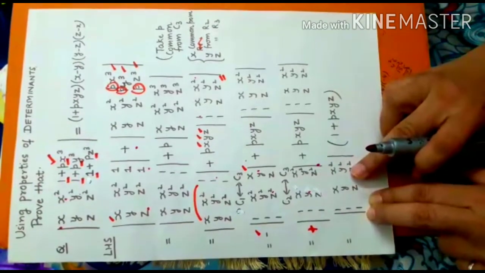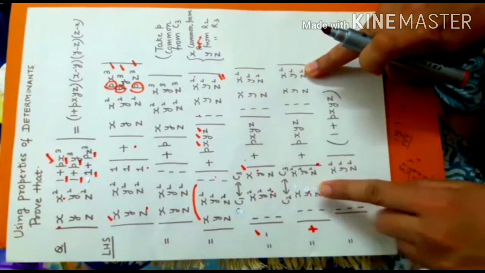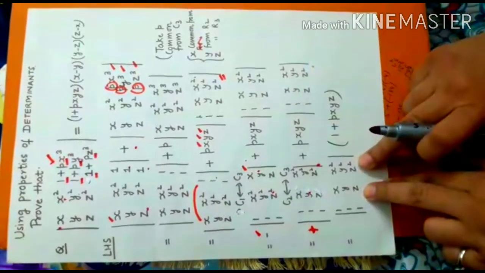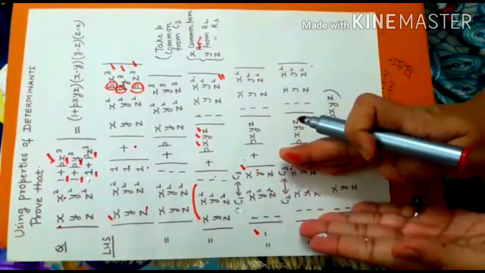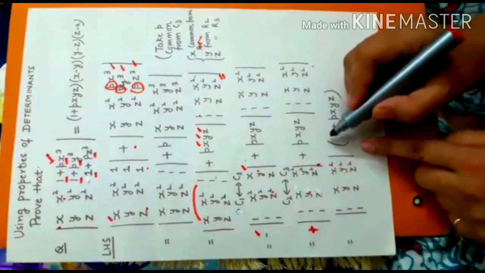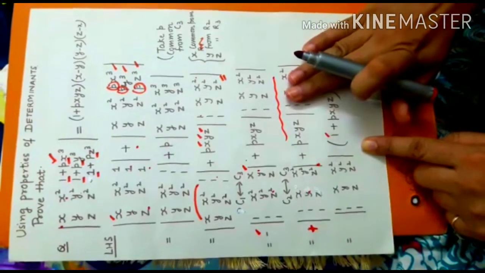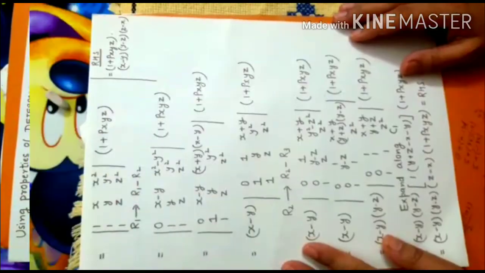So now you can see that both these determinants are the same. So I can take this number common. After taking out this number outside, I'll be left with 1. And from this term, I have taken this out, so I'll be left with pxyz.